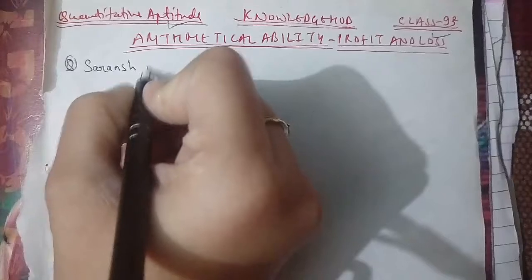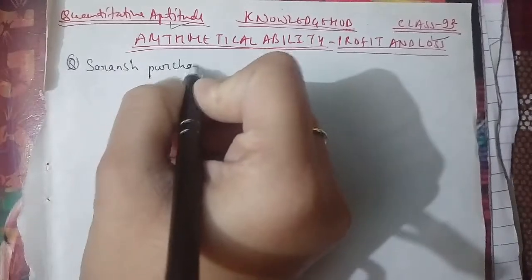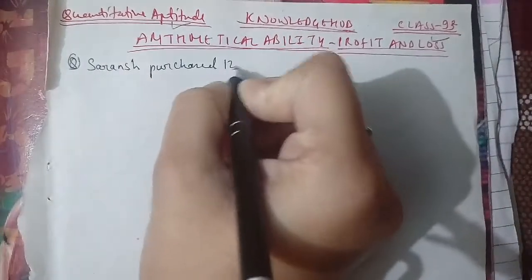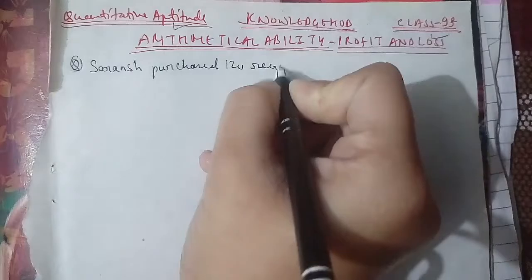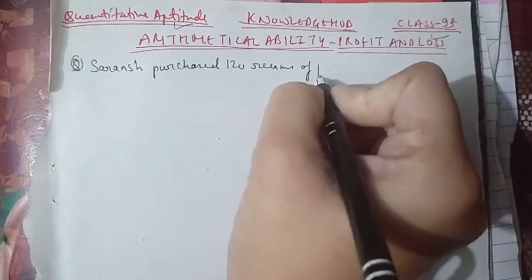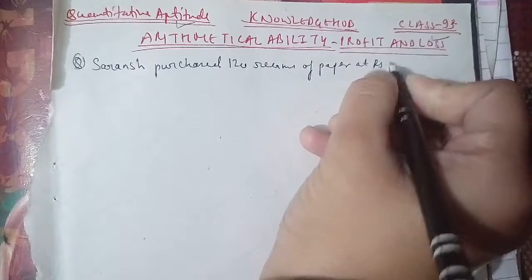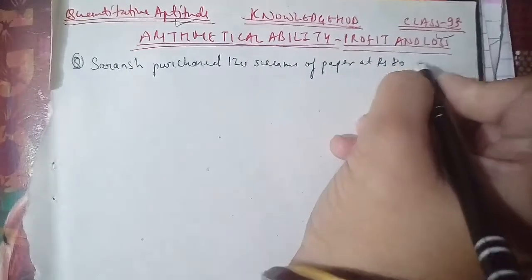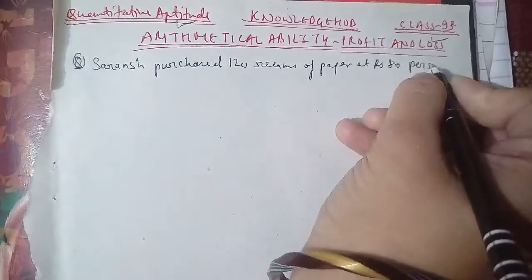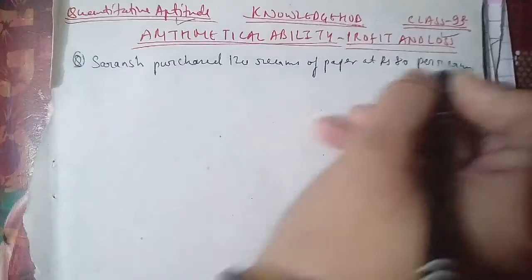Saransh purchased 120 reams of paper at rupees 80 per ream.